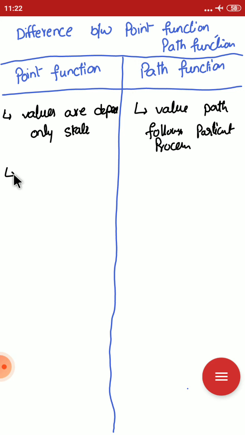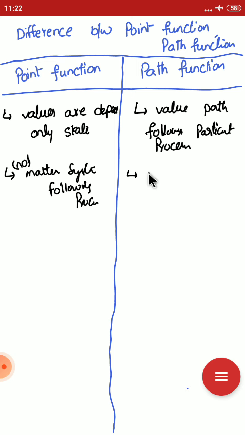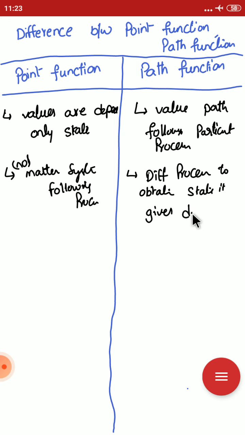Whatever process is followed, it does not matter. But for a path function, different processes obtaining a particular state will give different values.